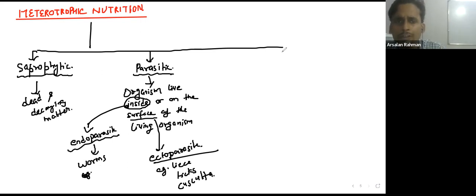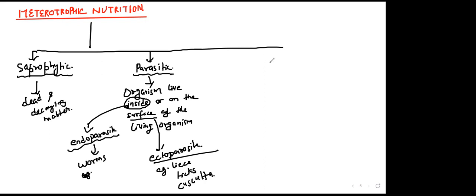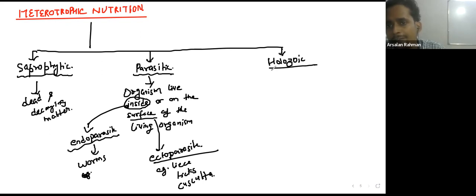The third mode of heterotrophic nutrition is holozoic. We have to study this mode in detail. For the other two, we only have to study the definition, but in holozoic mode of nutrition we have to study the whole process. What is holozoic nutrition?